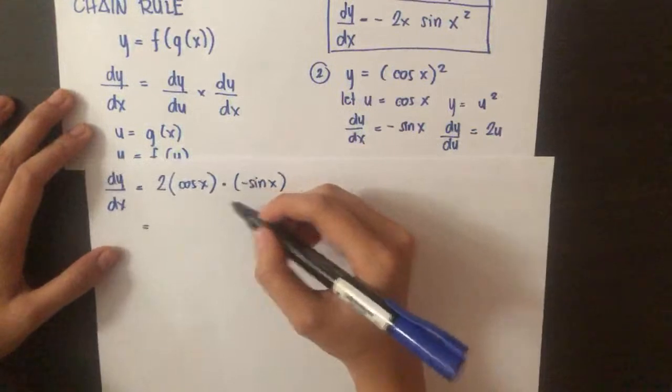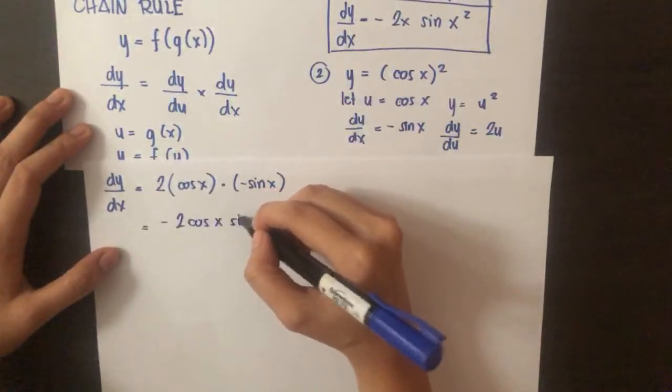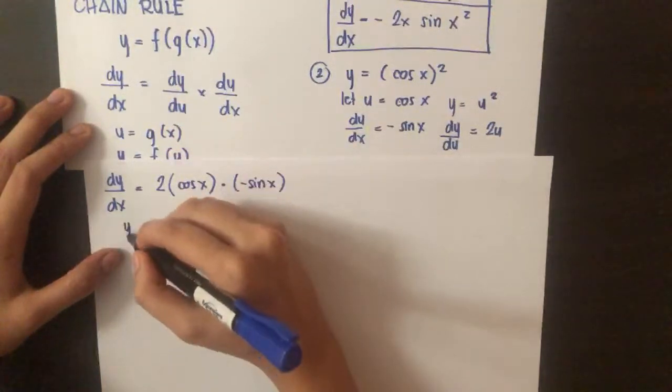Simplifying, we have negative 2 cosine x sine x. So, yun na yung final answer.